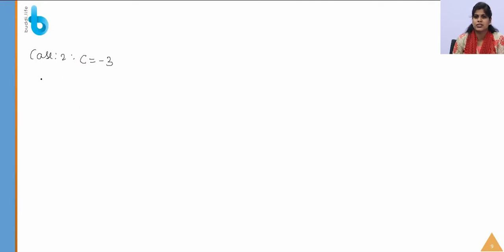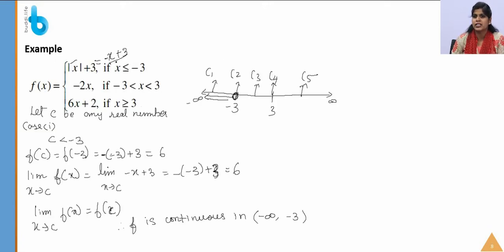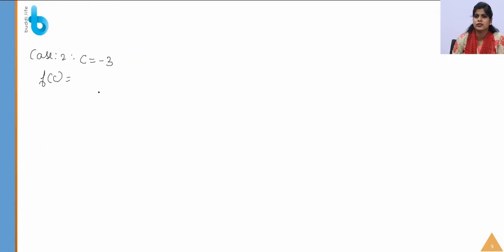Before that we will first find f of c. F of c is, see, minus 3 means we will take again this function, that is f of minus 3, it is minus of minus 3 plus 3, which is equal to 6.